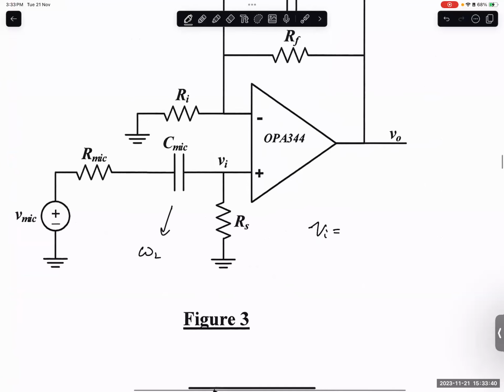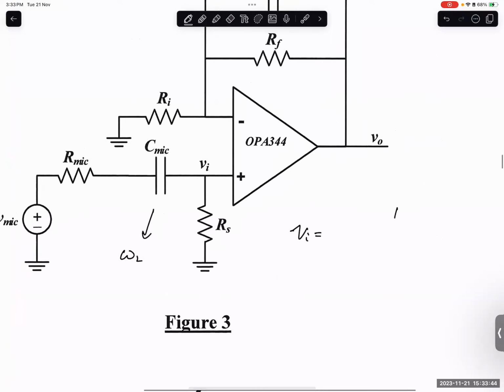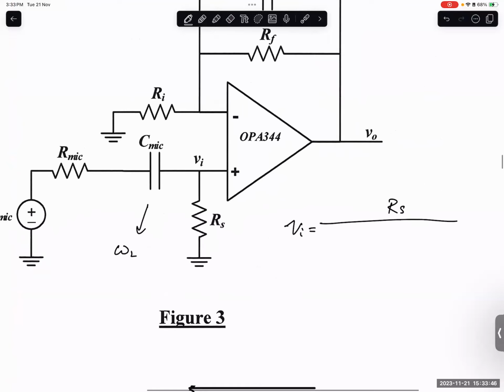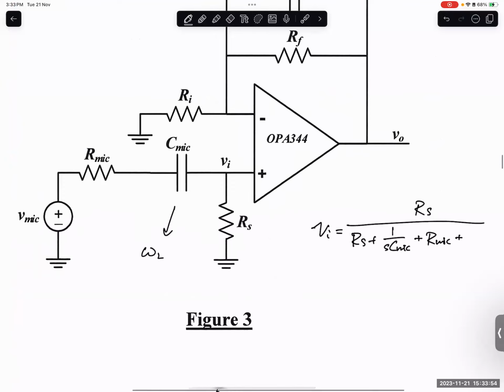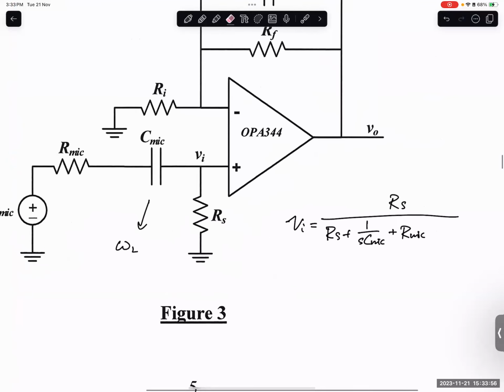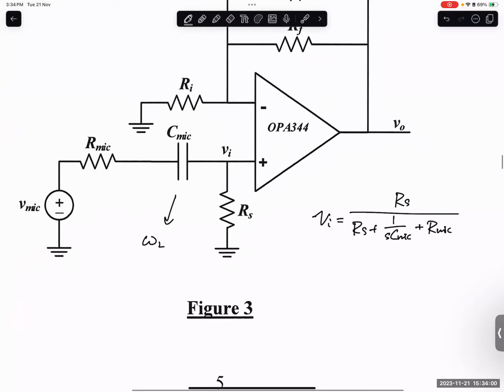V_I equals, right, it's the total current that goes down here, right? Okay, it's just R_S divided by R_S plus 1 over sC_mic plus R_mic, it's just this lah. Then here is V_mic.